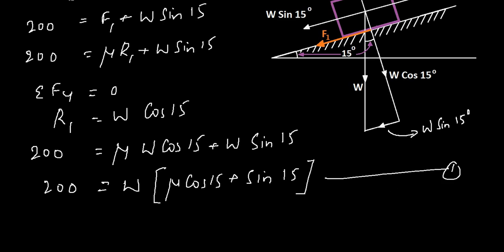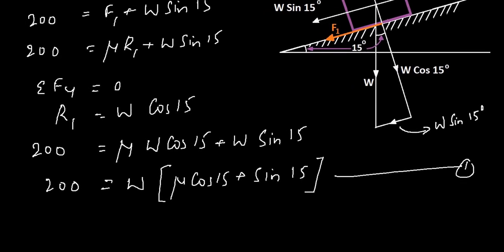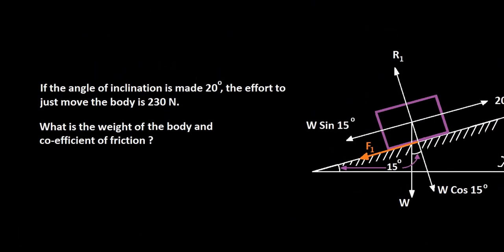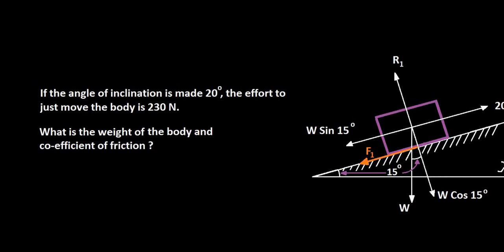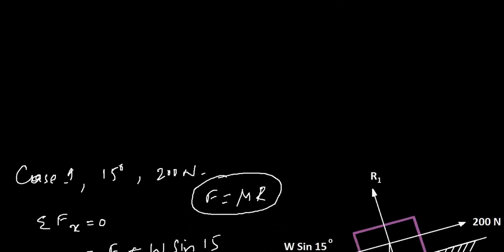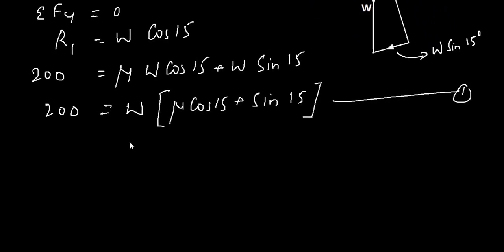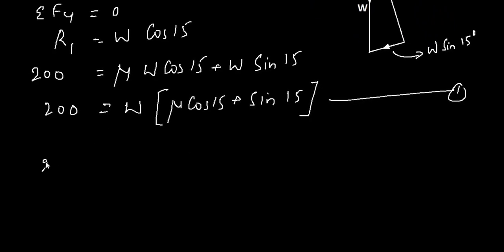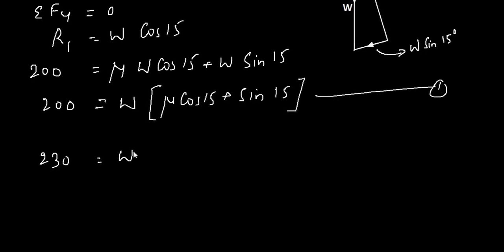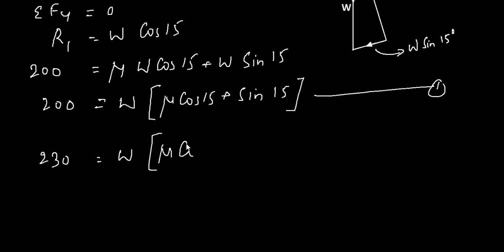You don't have to repeat the same thing again. The only things that change here are the force and the angle. In the question you have 15 degree and 200 Newton, and 20 degree and 230 Newton. So instead of 15 degree, the angle will change to 20 and the force will change to 230. Based on the same analogy, you have 230 equal to W into mu cos 20 plus sin 20.